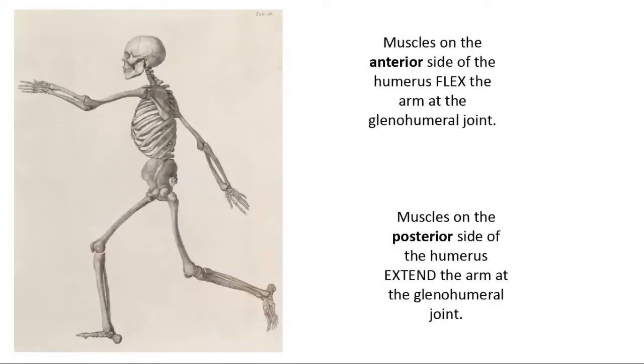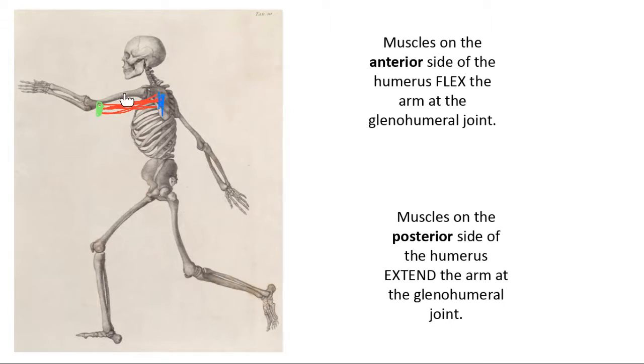The only other movement that we have left is the flexion and extension of the whole arm. Flexion and extension, it's the same deal that it was when we talked about the hip joint. So if I'm a muscle that lives on the back side, if I attach to the back side of the humerus, here's my insertion, here's my origin.